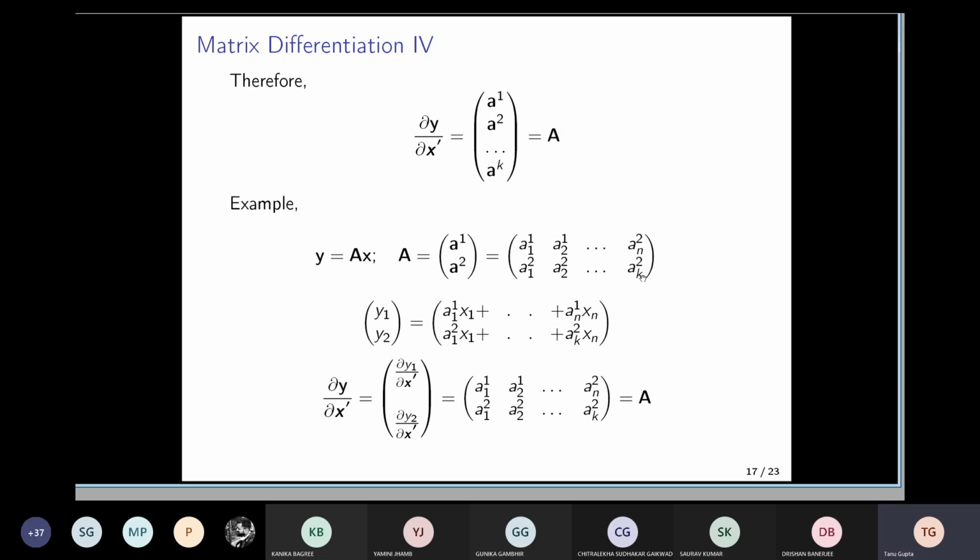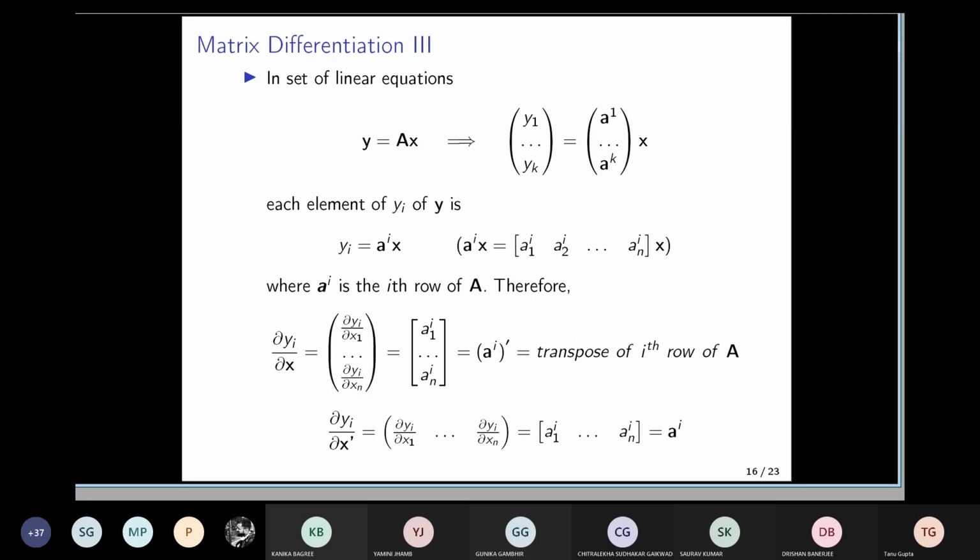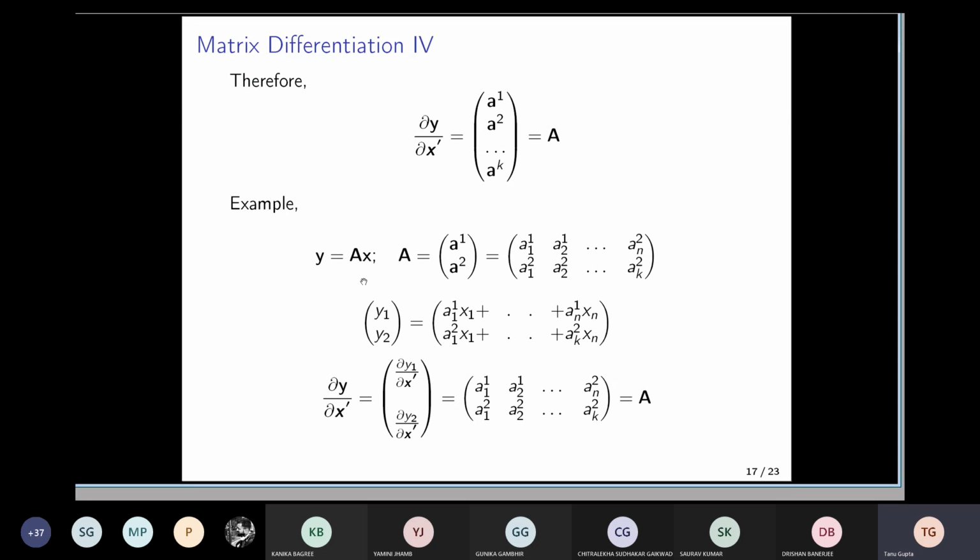Let's assume that y is a 2 cross 1 vector, and x is an n cross 1 vector. What will be the dimension of A? A will be a 2 cross n matrix.